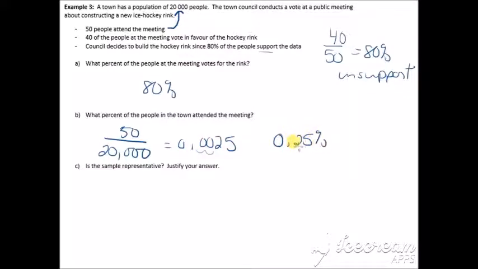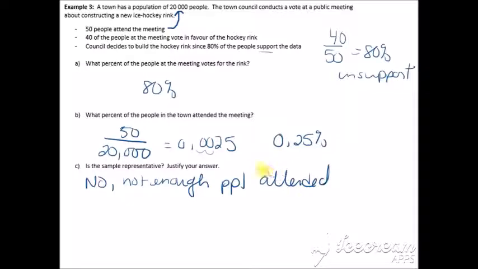So not even 1% of the population. So is the sample representative? I'm going to say no. This is not representative. Not enough people. I'm going to put PPL: not enough people attended or voted.